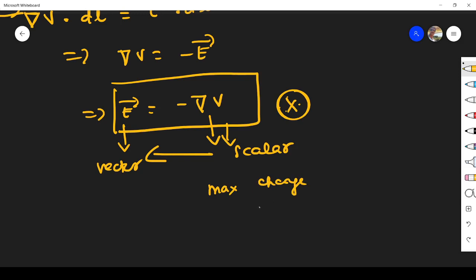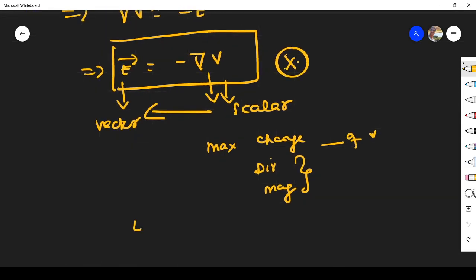Change implies it has both direction and magnitude: in which direction it has changed, and how much it has changed. So the maximum change of potential: the electric field is the negative of the potential gradient.